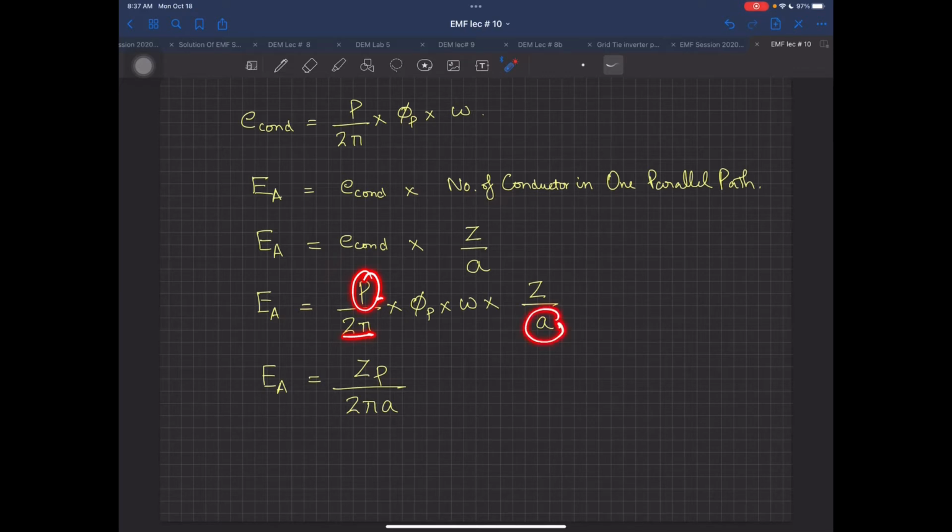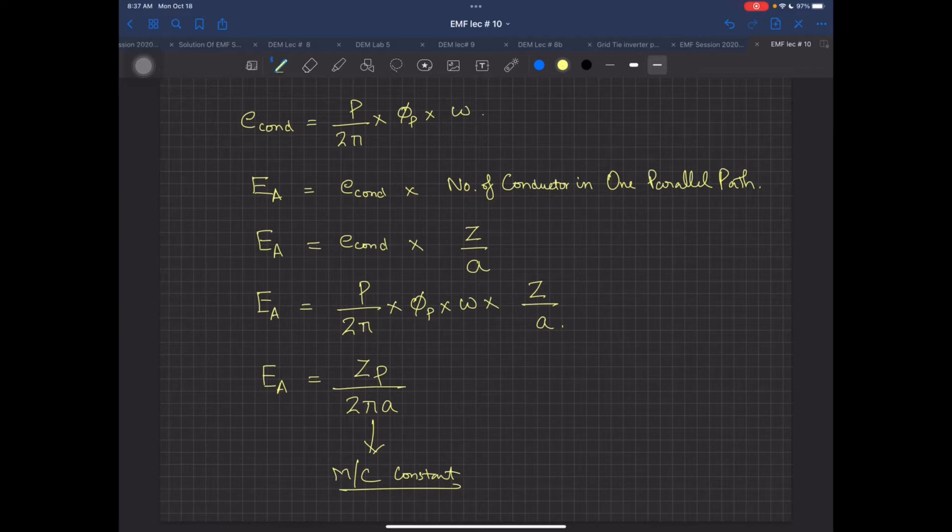A is also constant because you are not changing the winding. And Z, you are also not changing. So this ZP divided by 2 pi A is a machine constant which is not going to change unless you are changing the machine or opening it and rewinding it or doing some mechanical changes.